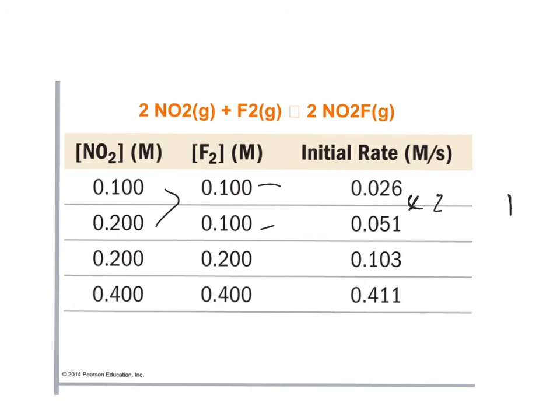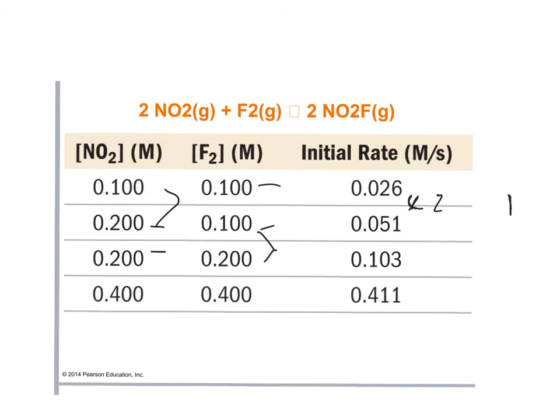If we look at going from 0.01 here to 0.2 here, and these two remain the same, we went from 0.51 up to 0.103, and that's a doubling.